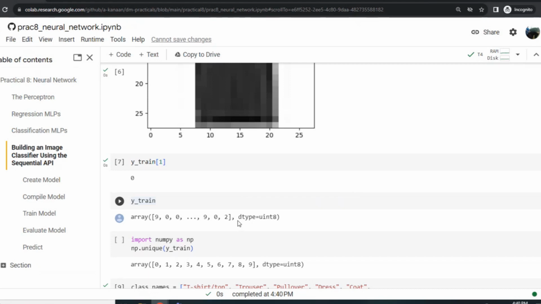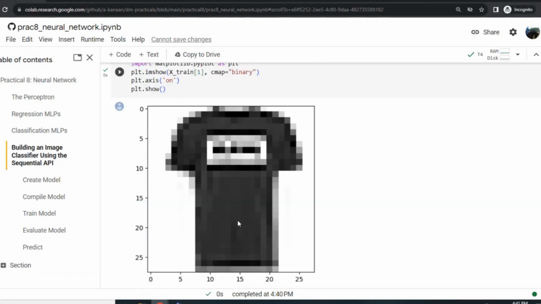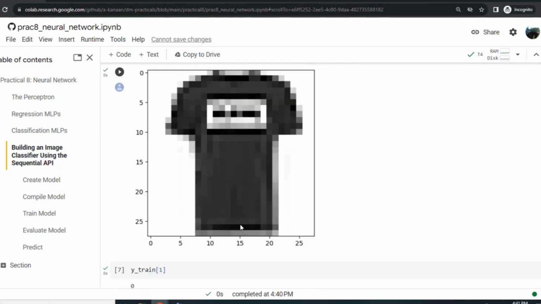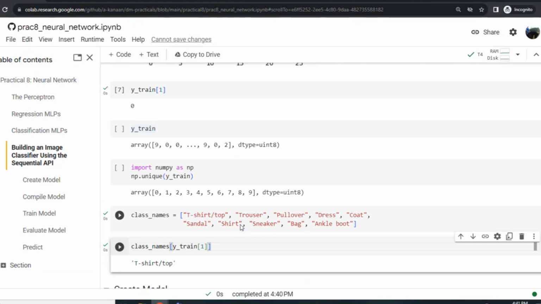If you remember, we discussed this during practical 6. There are 2 questions you need to answer in order to determine the type of classification you're working on. The first question is, how many labels do you have? How many labels? Anyone can tell? 10.